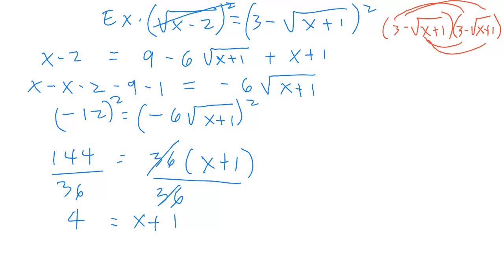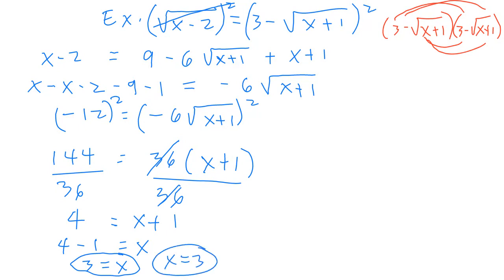And then solving for x, you have 4 minus 1. I move 1 from the right to the left, so it becomes negative. And then now you have 4 minus 1. That would be a 3 for your x. So you can rewrite that as x is equal to 3. It's just the same thing. I'll just put or there. So x is equal to 3 or 3 is equal to x.